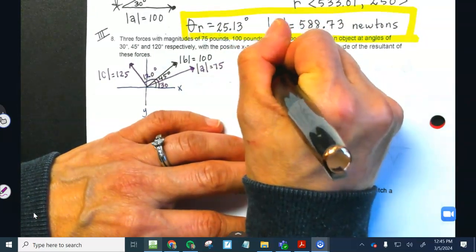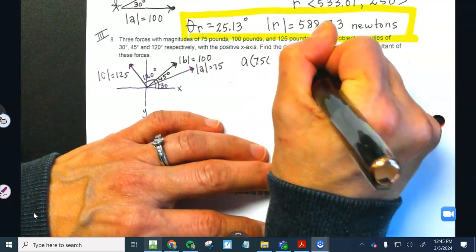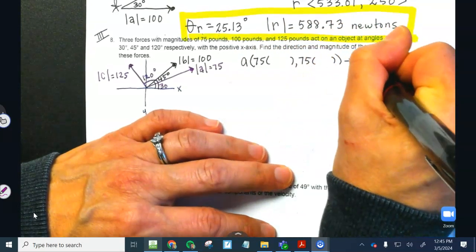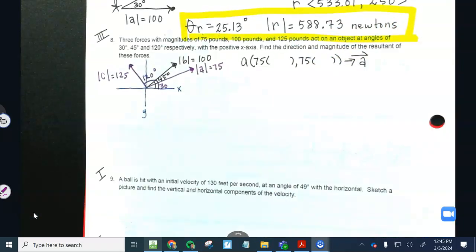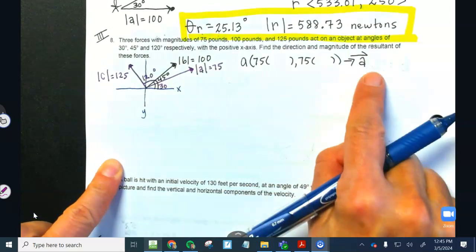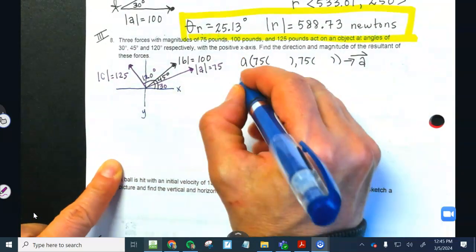Remember, A has 75. I'm just going to make my setup here. We're going to convert from cosine sine to component form.